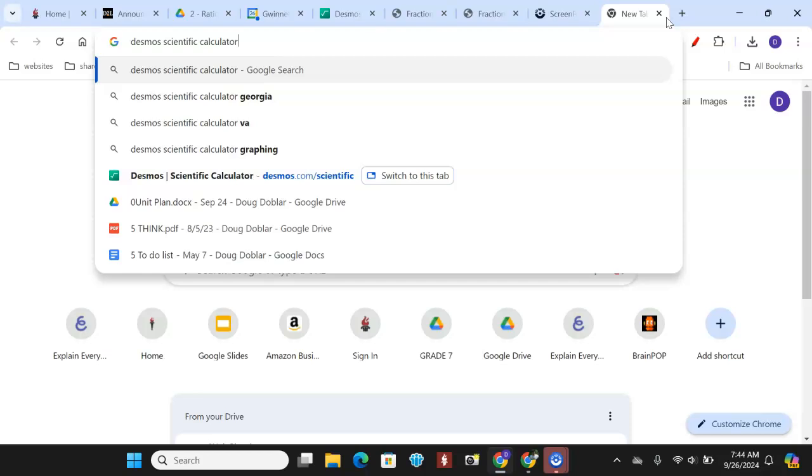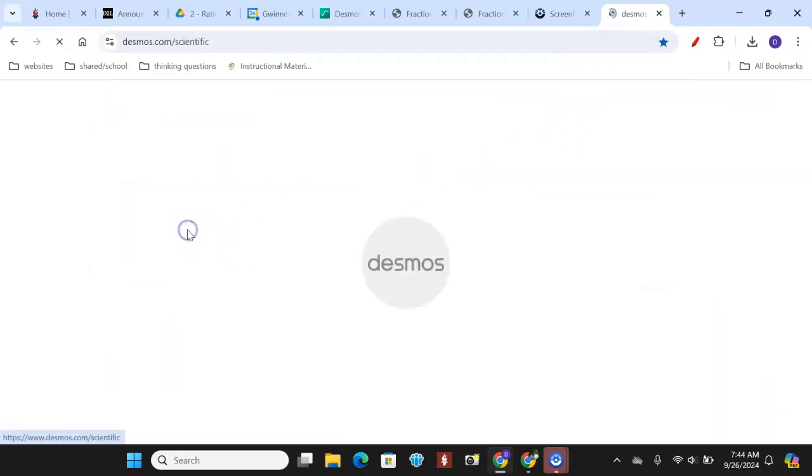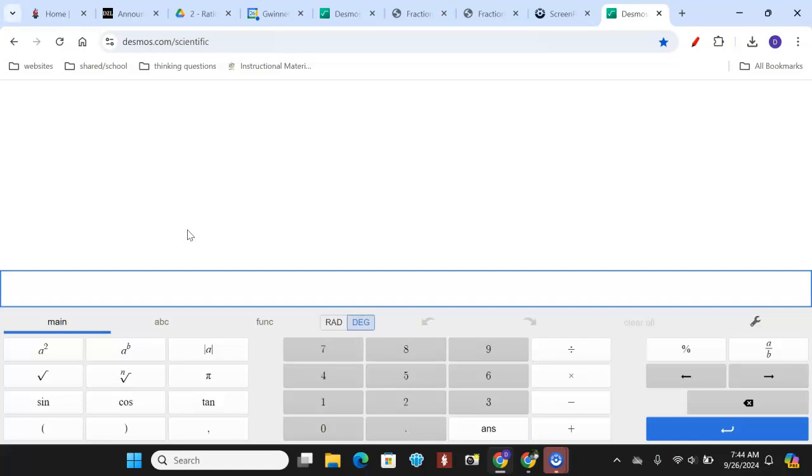So Desmos scientific calculator, and when you click it, it'll be the first choice. Looks like that. And then what I would do next, so you can easily find it in the future, is grab the little thing next to the URL and pull it down to your bookmarks. You can just drop it in your bookmark bar, and then in the future, you can find it whenever you want.